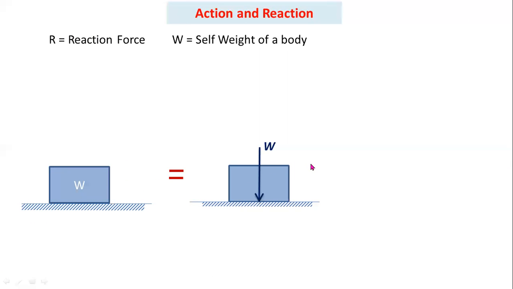Self weight of any body always acts vertically downwards, and this one is the reaction force. Already we discussed earlier. So here R is the reaction force. Reaction force always makes an angle 90 degrees with respect to the support. Now this is the free body diagram for this diagram. Here W is the self weight, that is the action, and R is the reaction.